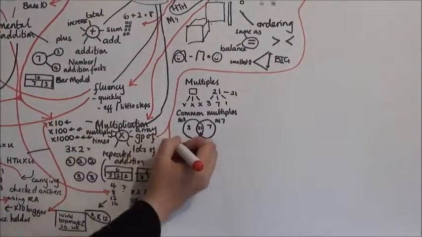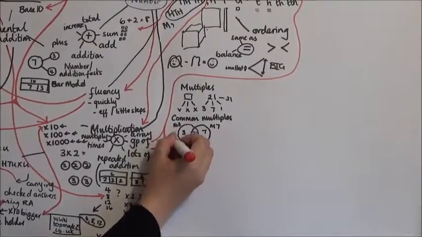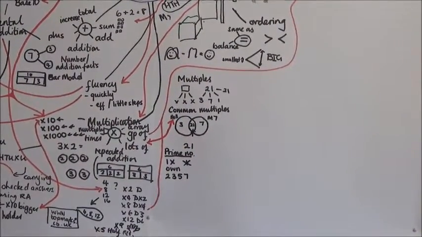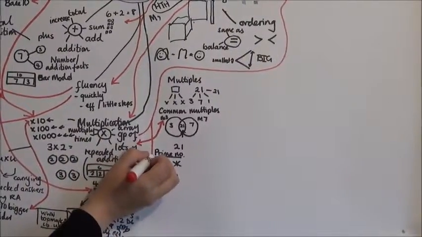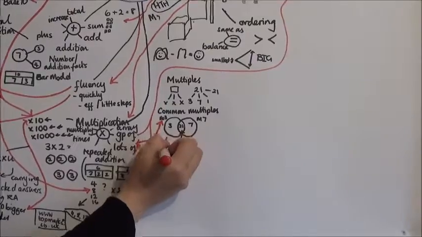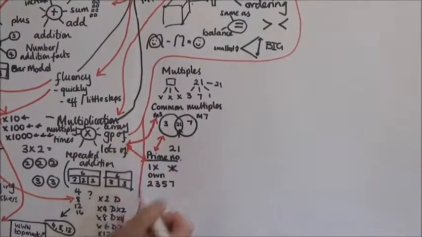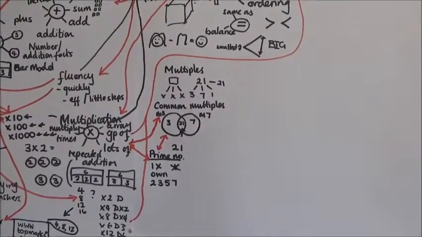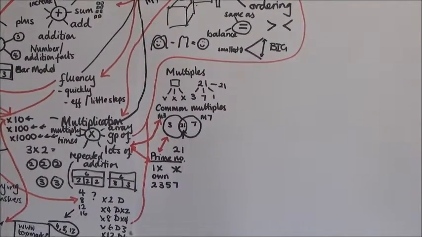Clearly we were talking about multiplication, so we've got to make that link between multiplication and multiples, and also prime numbers to multiplication as well. I'm going to link prime numbers and multiples together because prime numbers are not multiples of any other number but itself and 1.